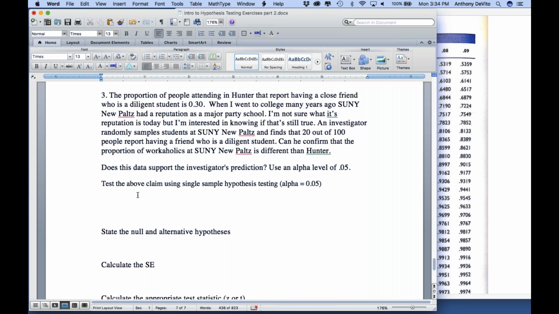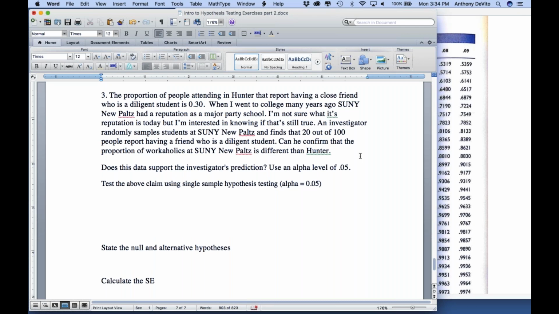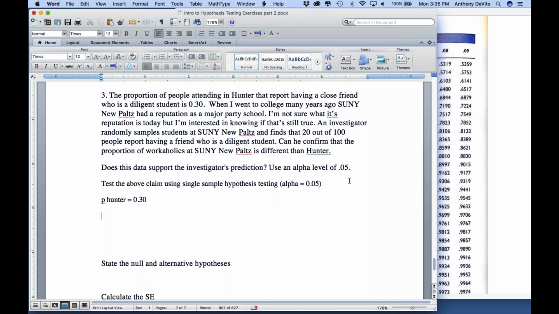Okay, so we're going to start by saying that P, not P cap, but P for Hunter is equal to 30%. Now we're going to go to New Paltz, and we don't know what P is for New Paltz because we're going to do a sample.